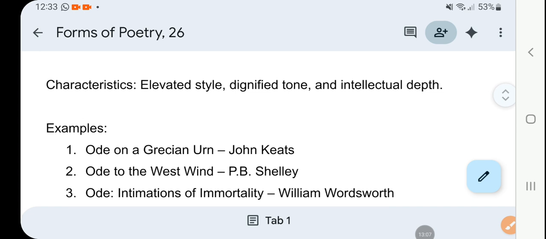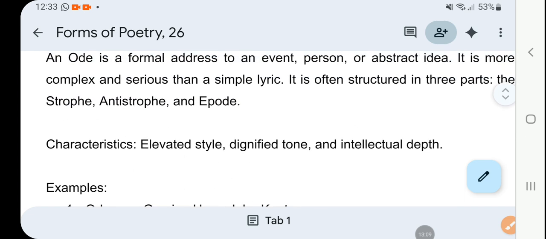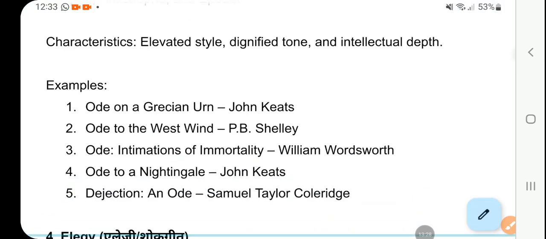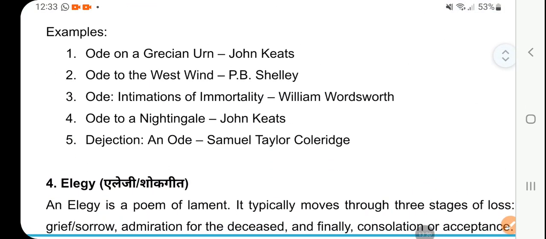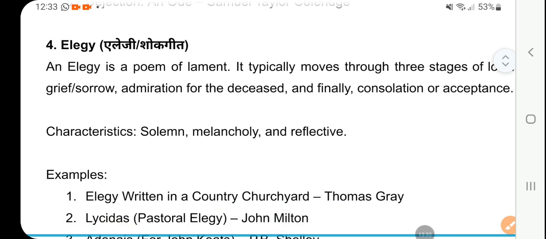So, what you need to remember about the ode: an elevated style, a dignified tone, and intellectual depth, right? It is a formal address to an event or person or abstract idea, and it is more complex and serious than a simple lyric. So these are the important keywords you have to remember.